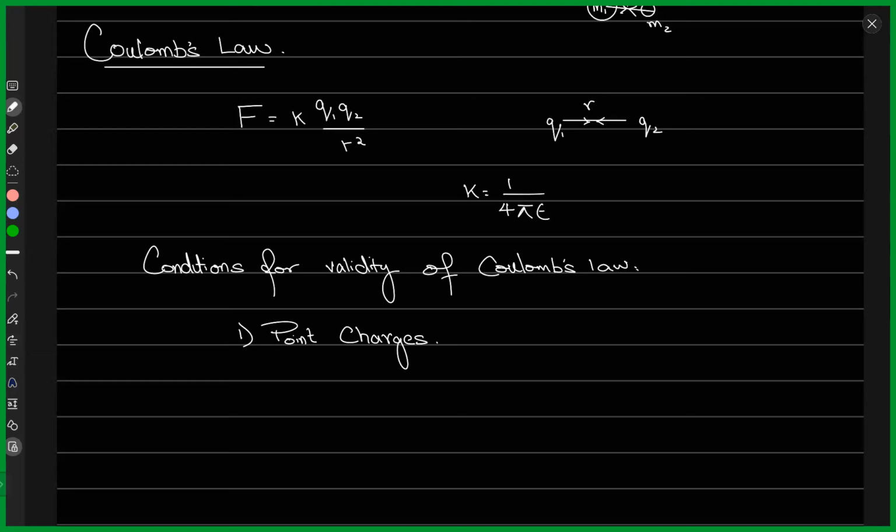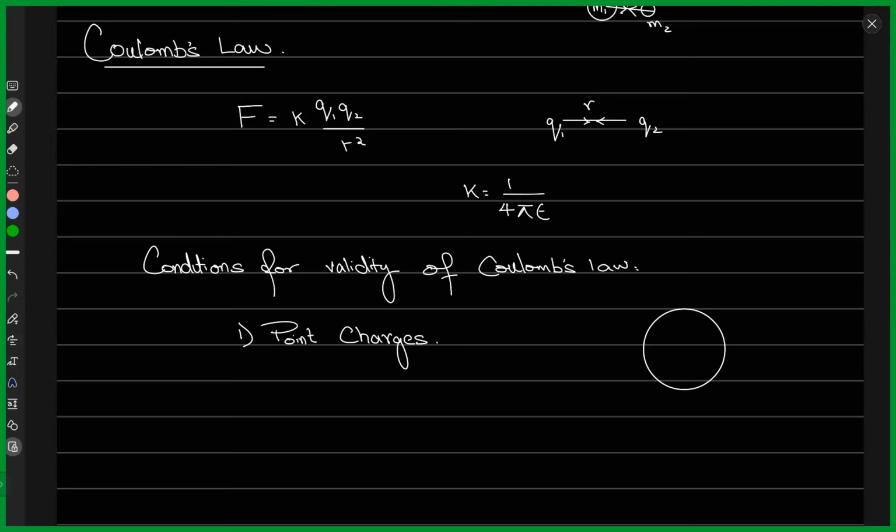Even when we consider spherical bodies, we say that if there is a body like a sphere, then all of the charge is concentrated at the center of this spherical body.